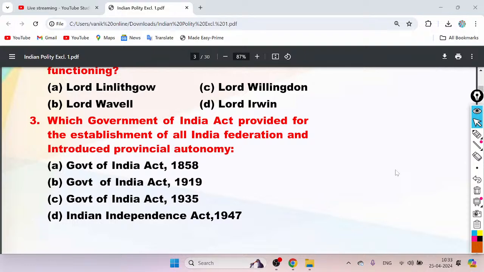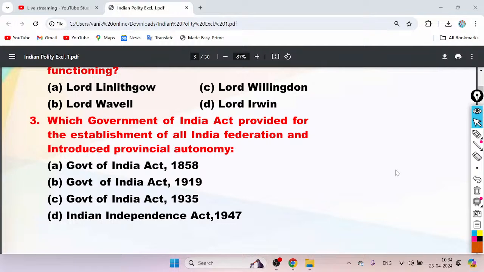However, the real federation or the institutional mechanism for Indian federation was provided only in Government of India Act 1935, and it also introduced provincial autonomy by abolishing diarchy, which was introduced in Government of India Act 1990.